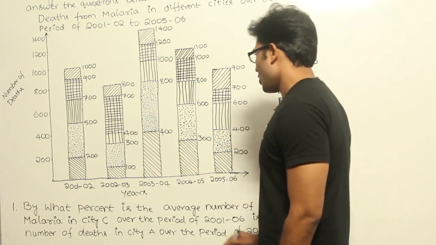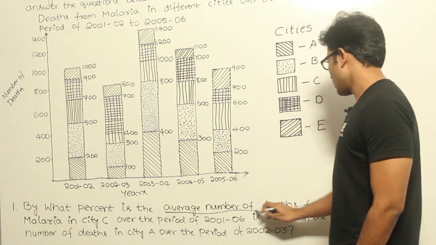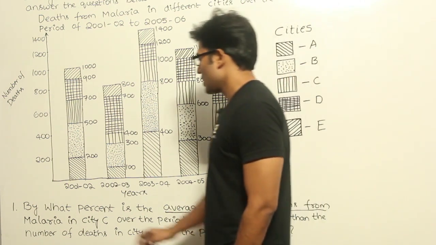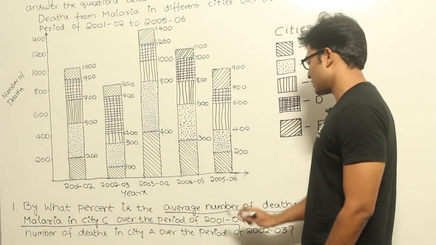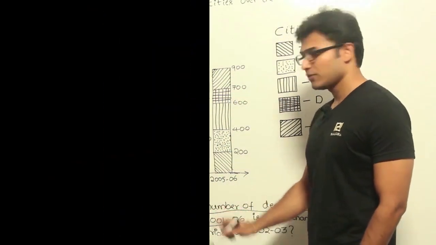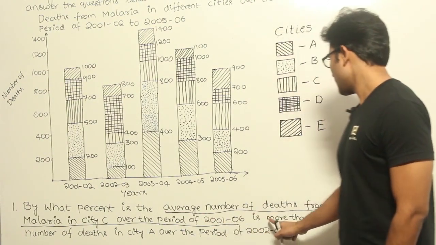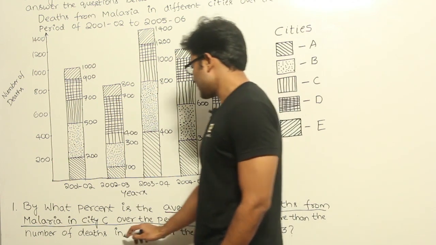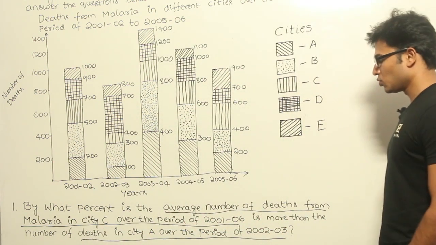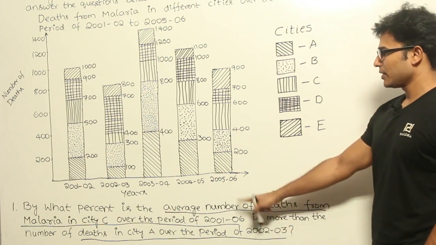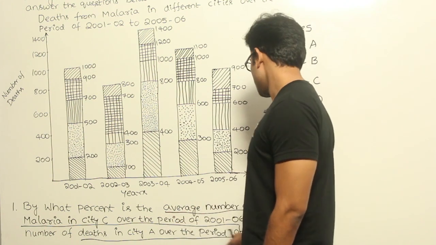We need the average number of deaths from malaria in city C over the period 2001 to 6. This is one data we need. This has to be compared with the number of deaths in city A over the period of 2002 to 3. So we have to compare these two, city C average with city A in this period.